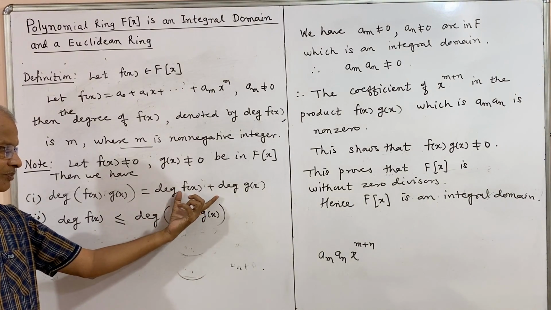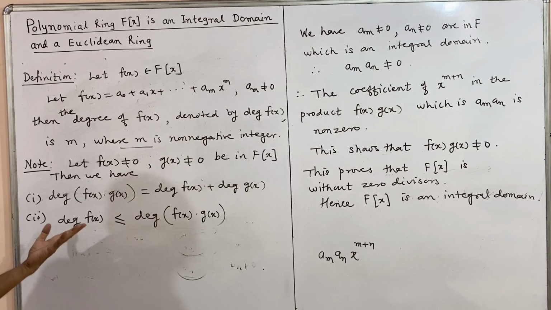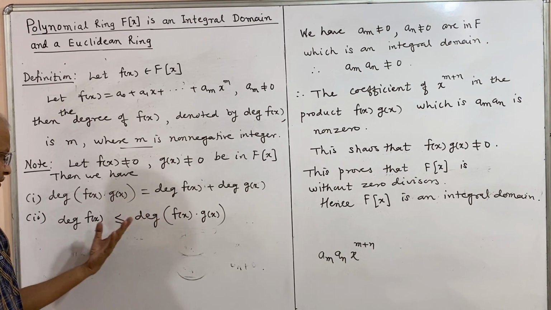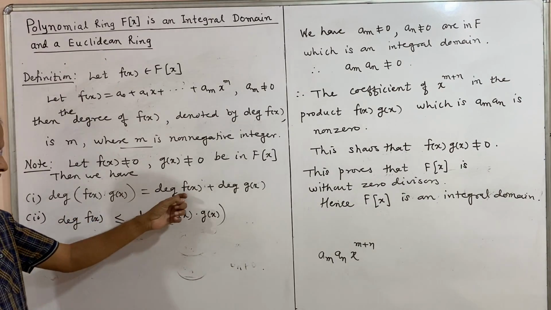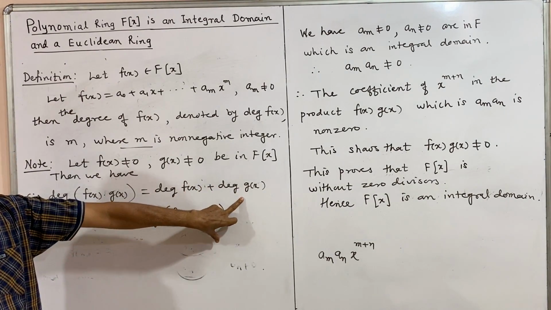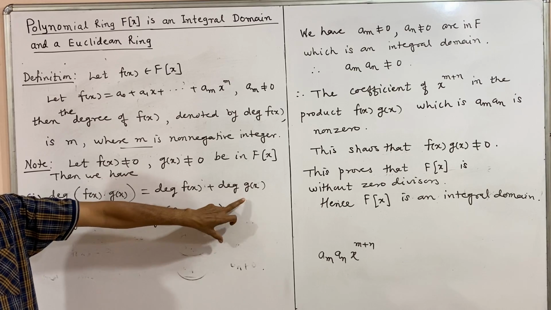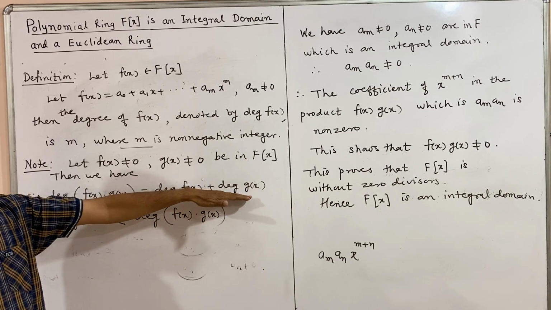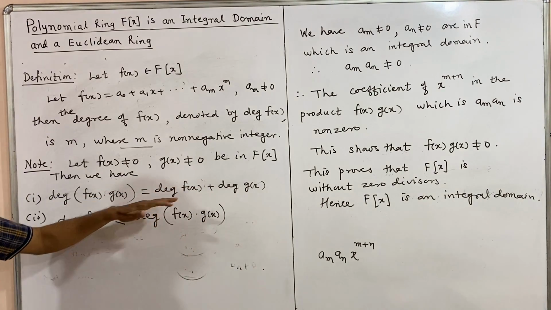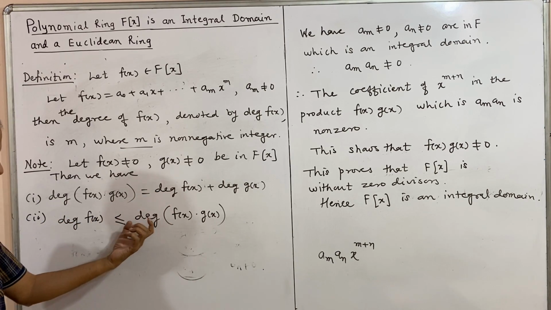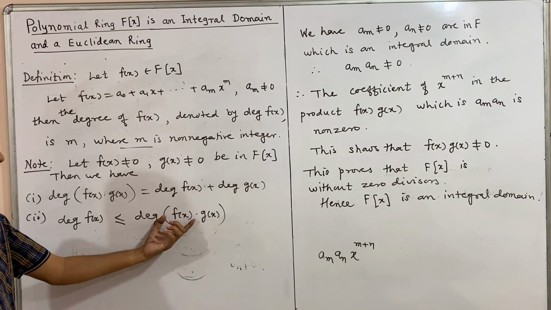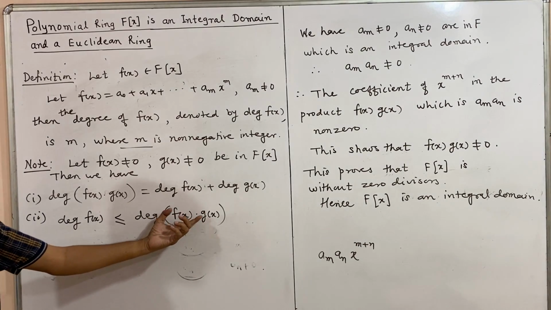That is degree f(x) plus degree g(x), which is greater than or equal to degree of f(x), because degree is a non-negative integer, and if it is added to degree f(x), the sum becomes greater than or equal to it. Means degree of f(x) is less than or equal to degree f(x) plus degree g(x).